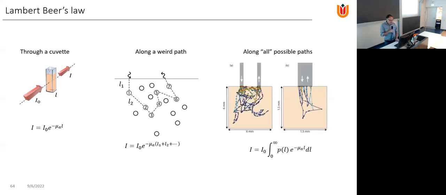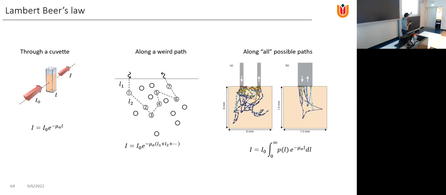And if you have many of these weird paths inside your sample, then it also applies. On the right-hand side, it's a little bit complicated. You have two experimental configurations. Figure A has a fiber that injects light into the tissue, and another fiber that collects light. The little random trajectories represent all possible trajectories that the photons can take going from one fiber to the other.